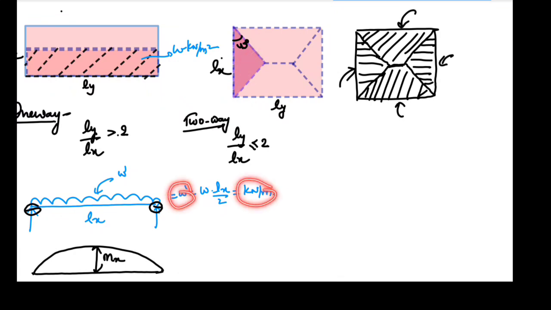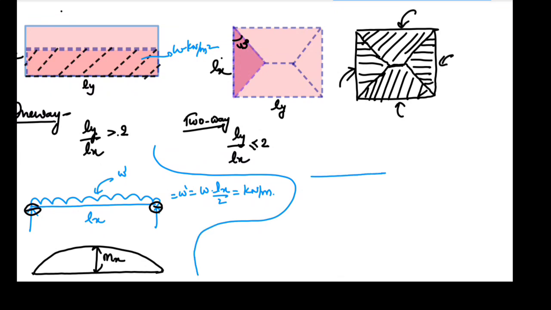So what is W dash for Lx? What is the normal tendency of solving this problem? We have this type of loading, which is W kilonewton per meter square presently. This is an area load.